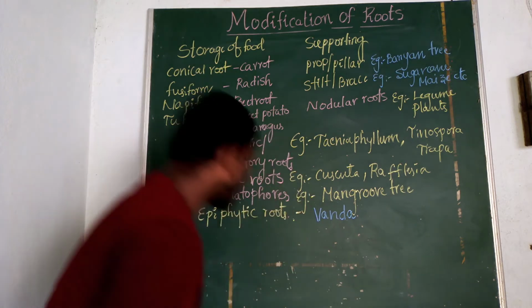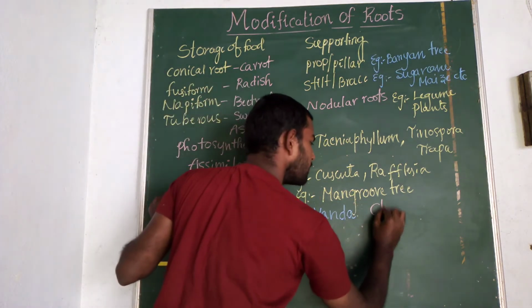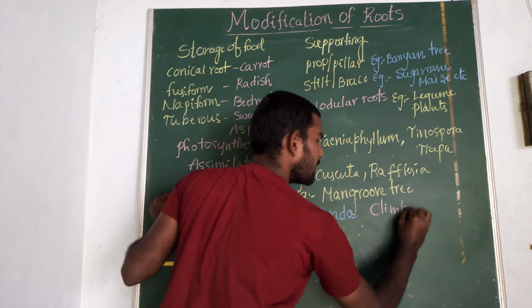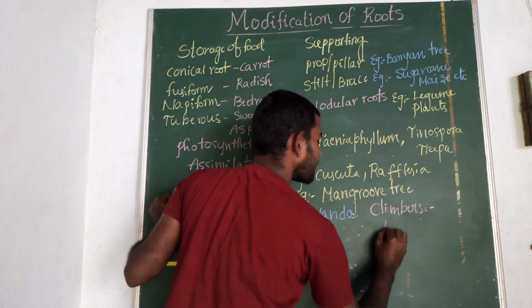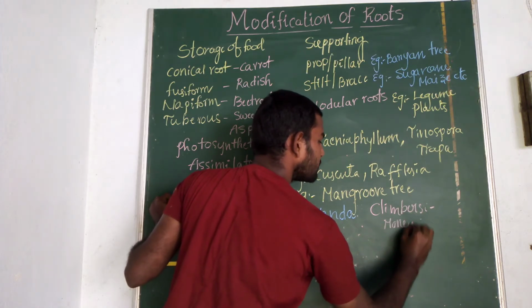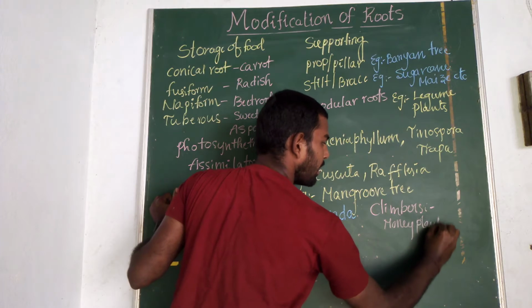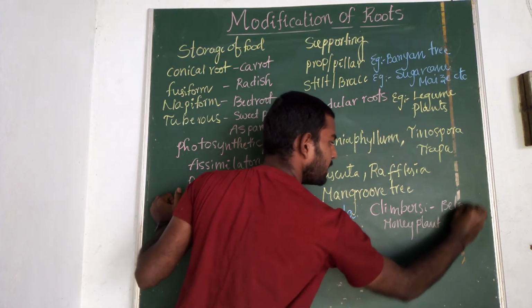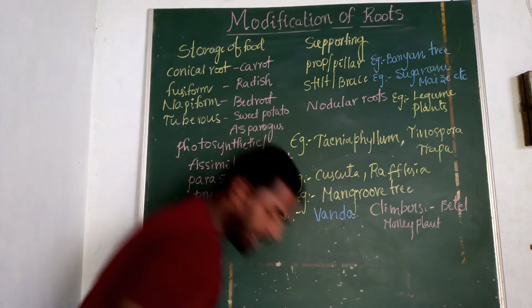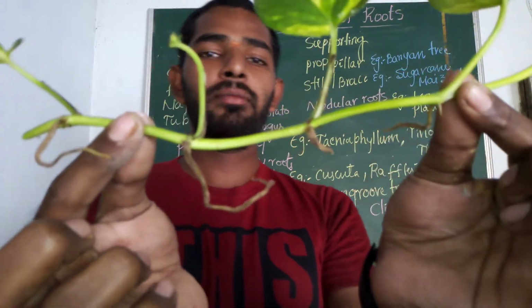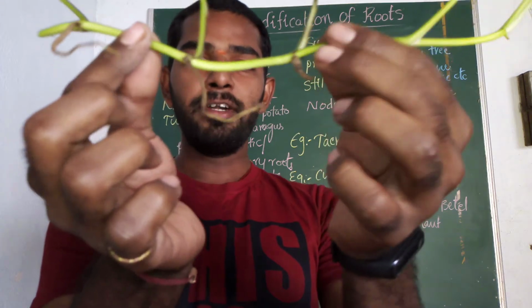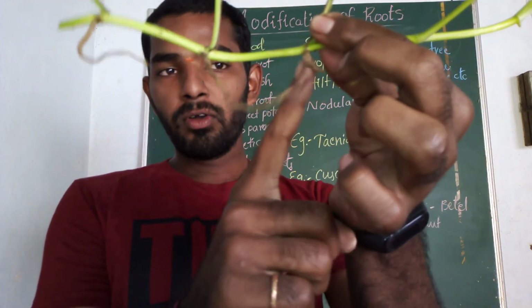And even climbers are also modified to form climbers. Examples like money plant and betel plant. We can see the money plant you have in your home garden mostly. They form adventitious roots at every node of the branch.